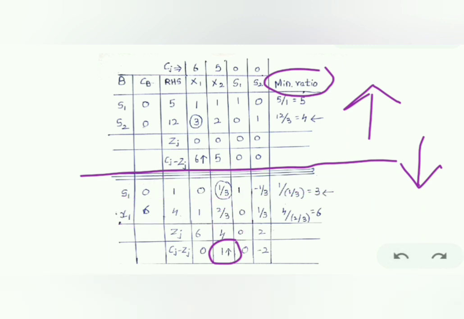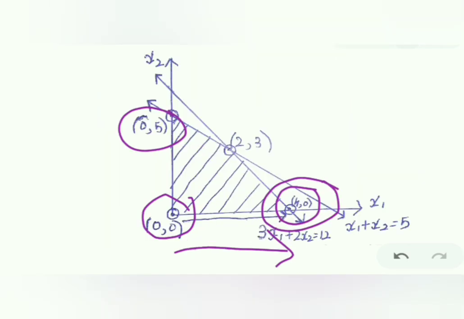See, s1 was the leaving variable, and x2 was the entering variable. So s1 and s2 are removed and x1 and x2 took the place. So x2 will take s1's place.